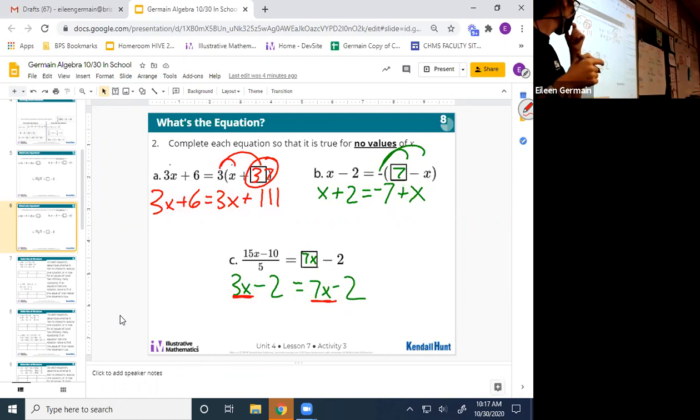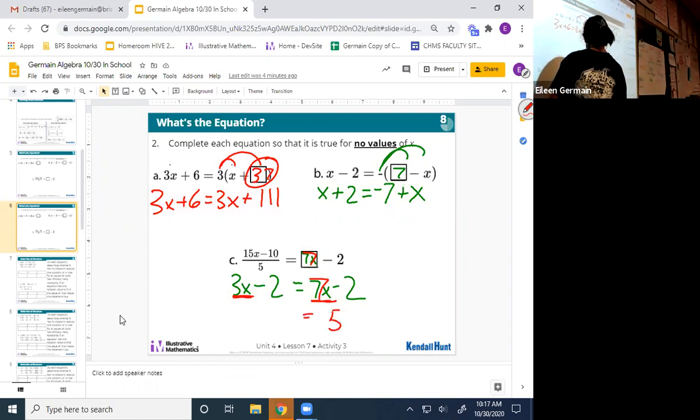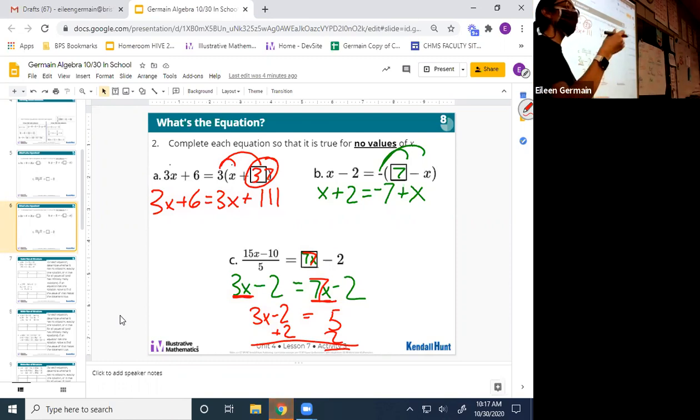Connor, go ahead. What about like just 7? Well, if you did just 7, then it would be 5 is equal to 3x minus 2, and then you would add 2, and then divide by 3, and that would still get me a value.